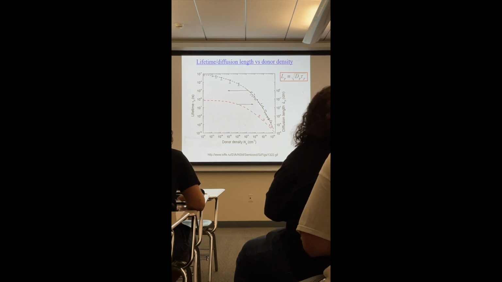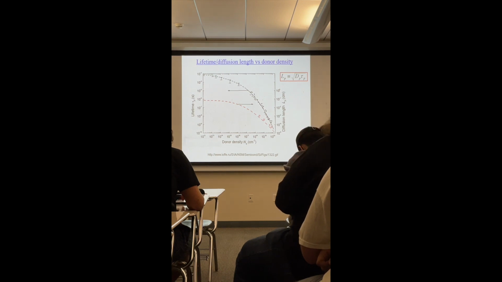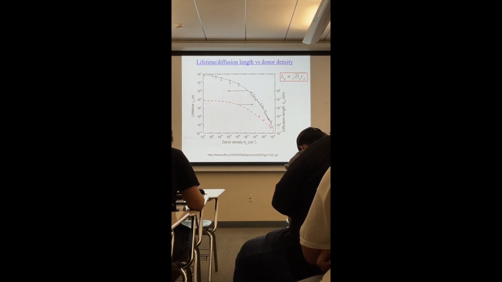You can see the general trend: if you increase the donor density, you decrease the lifetime and also decrease the diffusion length, and this can change by several orders of magnitude.